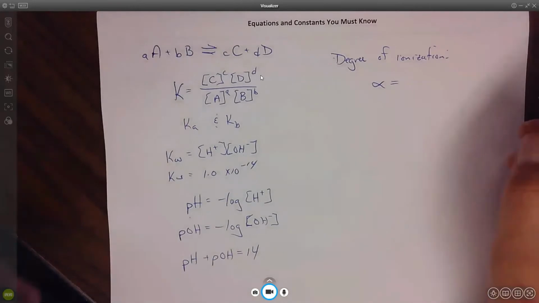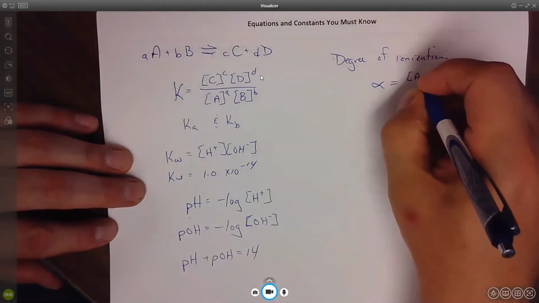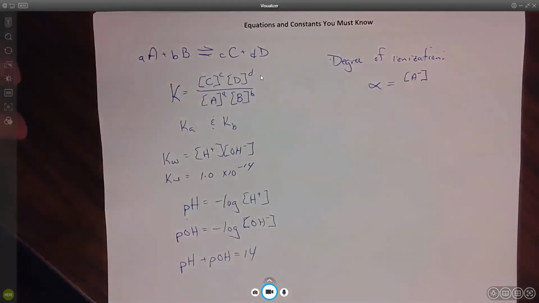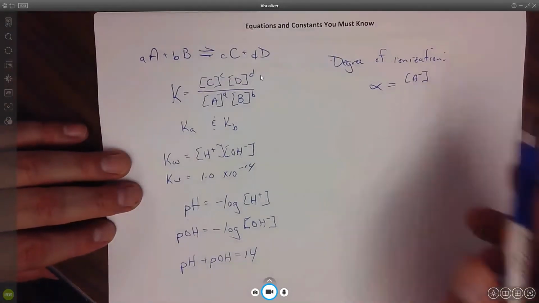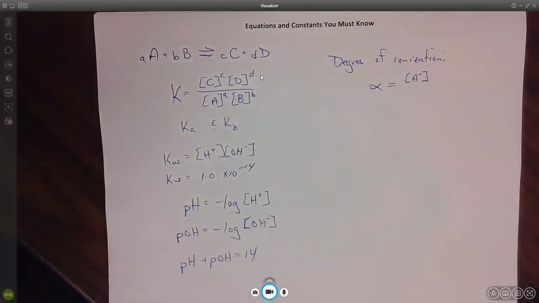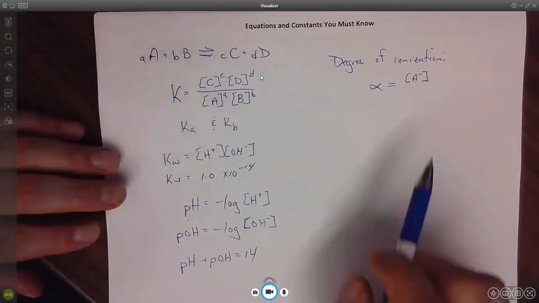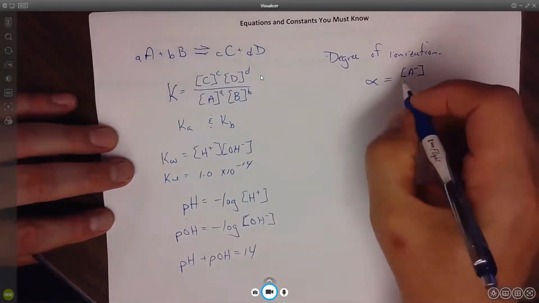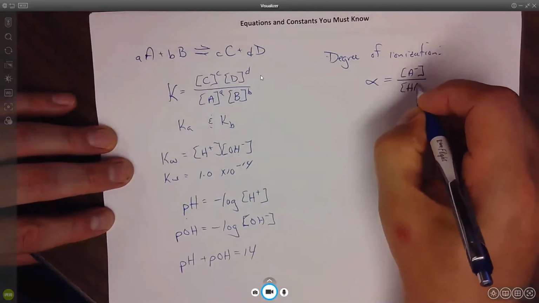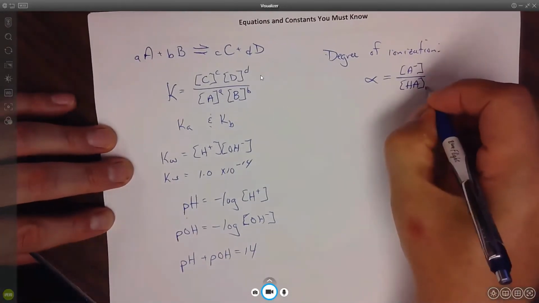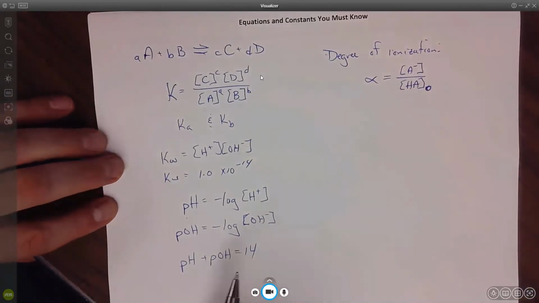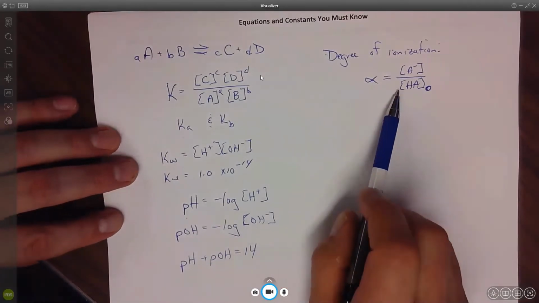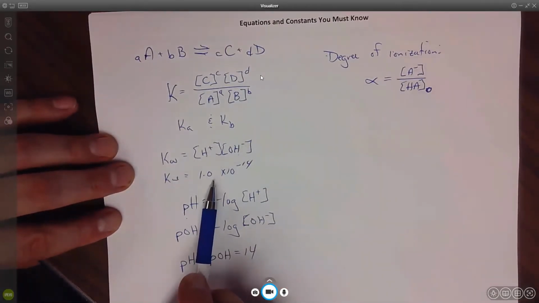And basically that is simply going to be the concentration, and here I'm just showing it as an acid, the degree of ionization for an acid, where the A minus is going to represent the conjugate base, okay, at equilibrium. So there's nothing written here. So when we write this, we're assuming equilibrium. And when we divide that by the initial concentration of the acid, so this is A naught, that gives us the degree of ionization. For percent ionization, just multiply that by 100%.